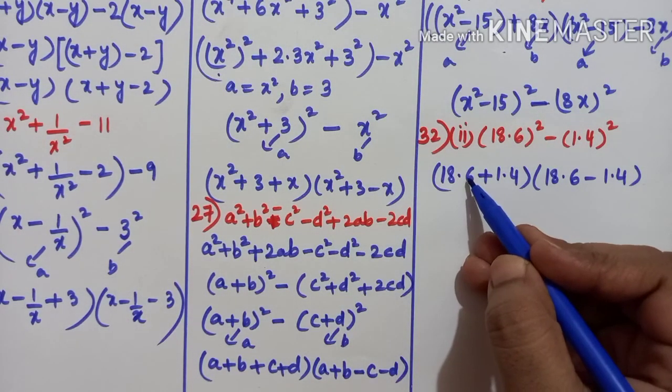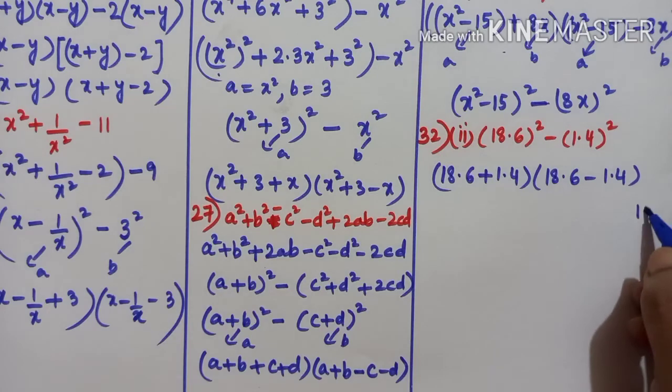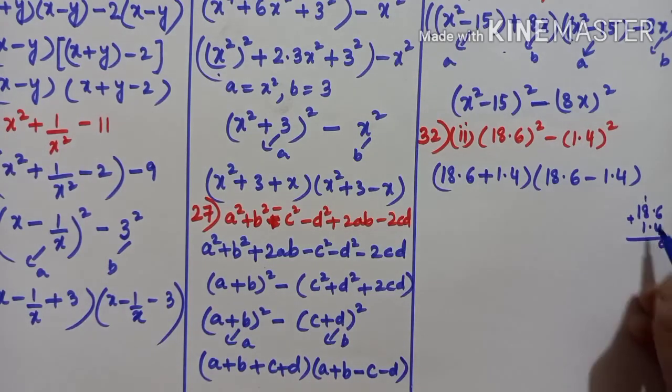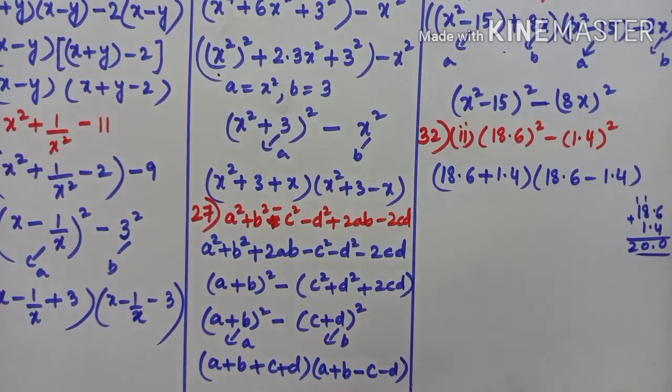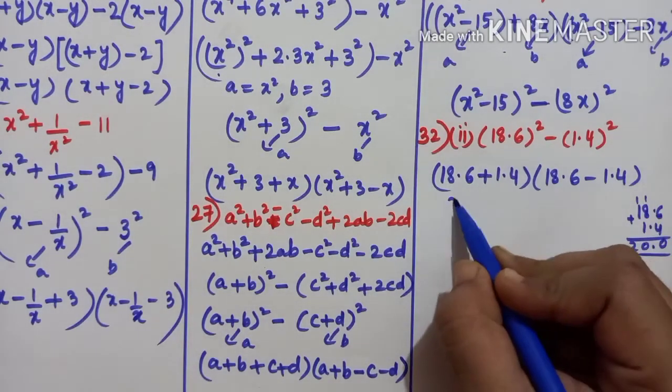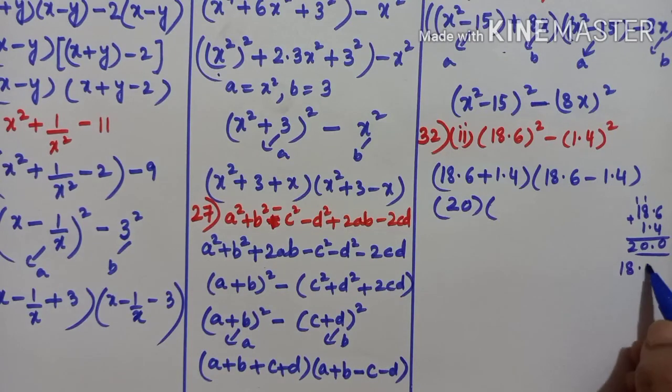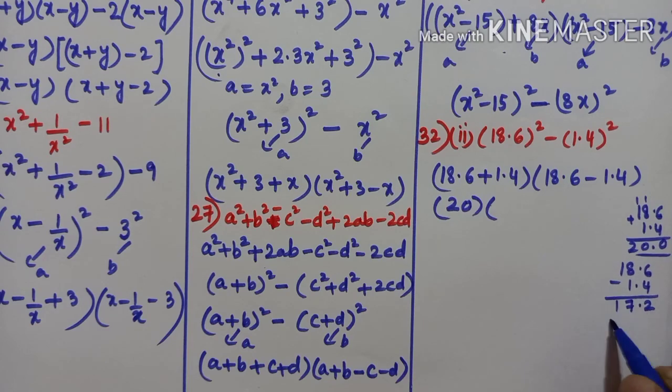So 18.6 plus 1.4: you are adding this, 6 plus 4 will be 10, 9 and 1 is 10, and this is 2, so 20.0, that is 20. Now 18.6 minus 1.4: 6 minus 4, 2; 8 minus 1, 7; 1 as it is.